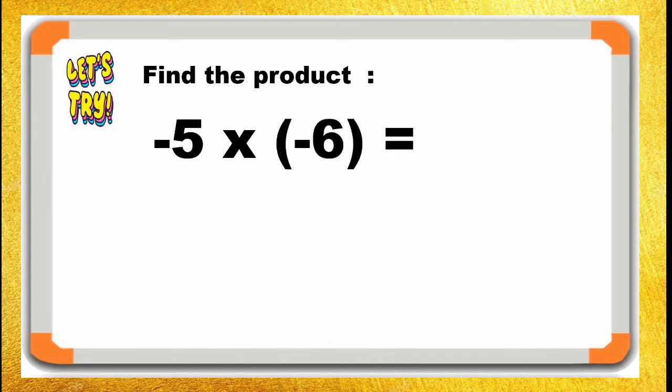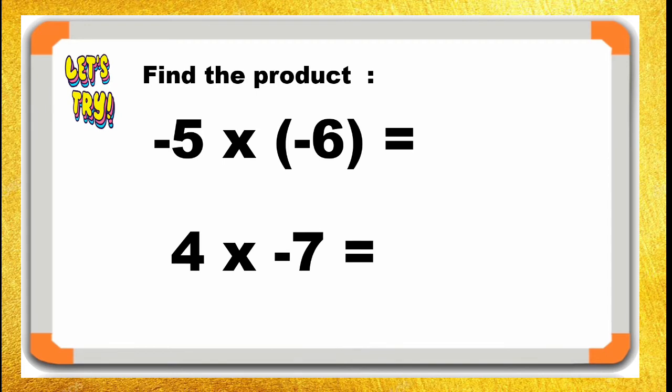Let's try this. Find the product. Let's go to multiplication. Negative 5 times negative 6 and 4 times negative 7. Okay, I will give you a minute to answer. Go. Okay, stop. Let's try to answer.